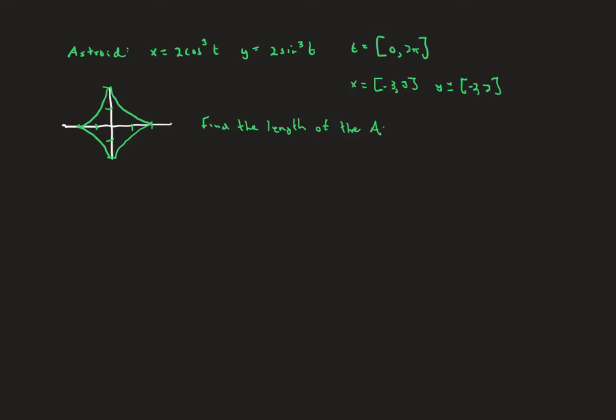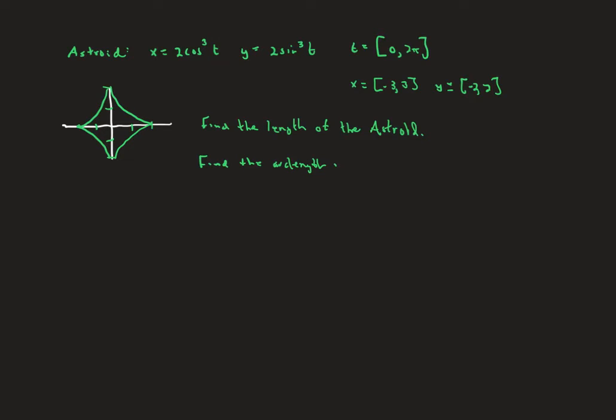So, to make things simpler, because of the symmetry, we know that the length in quadrant 1, if we multiply that by 4, will give us the whole thing. So we're just going to find the length of the piece that's in quadrant 1 and then multiply that by 4. Find the arc length.